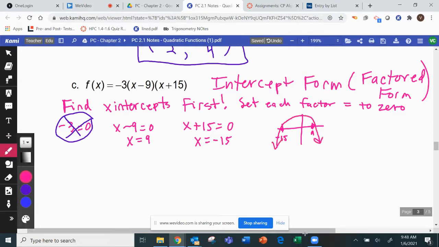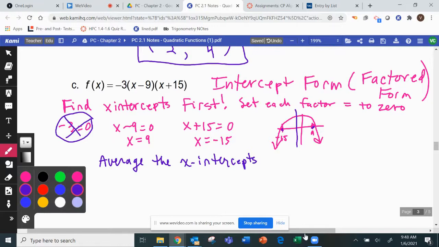It's that way. If I've got a parabola that passes through, then the axis of symmetry is going to be somewhere right around here, which would be the exact middle between 9 and negative 15. So we average the x-intercepts. And that's how we're going to find our axis of symmetry.